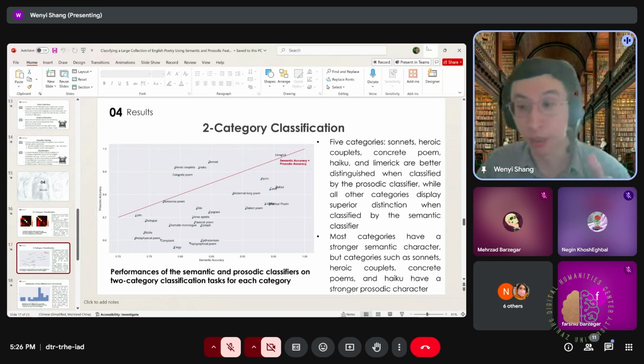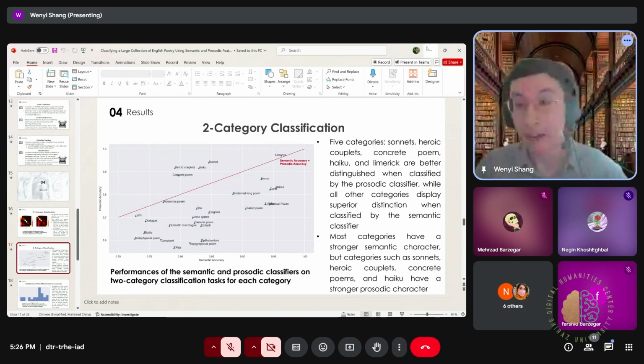The red line is where semantic accuracy equals prosodic accuracy. Poetic categories above the line are better classified by the prosodic features, and the ones below the line are better classified by the semantic features.